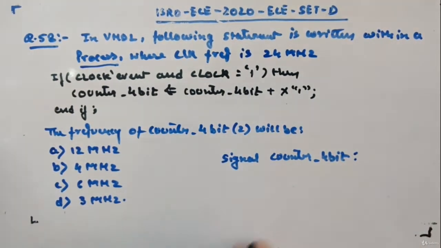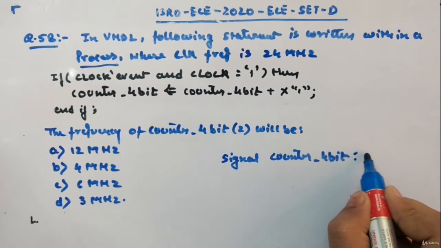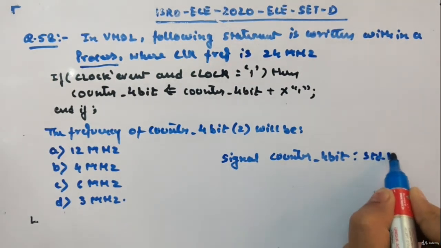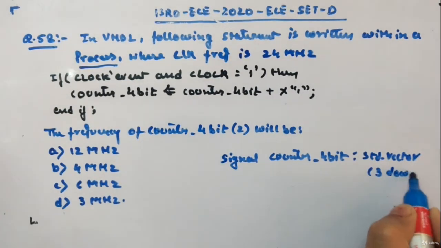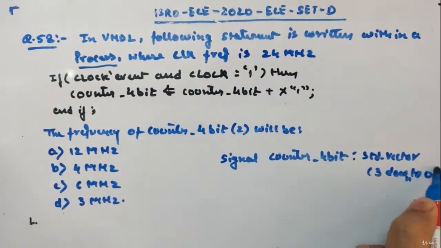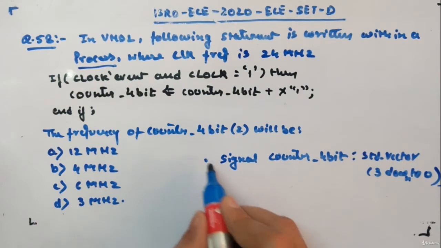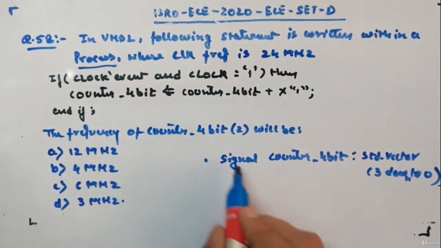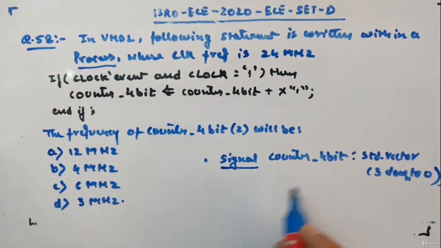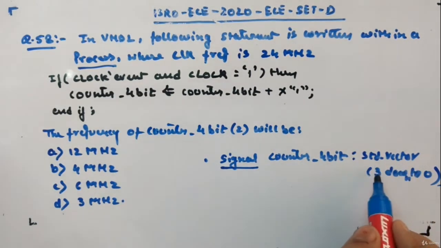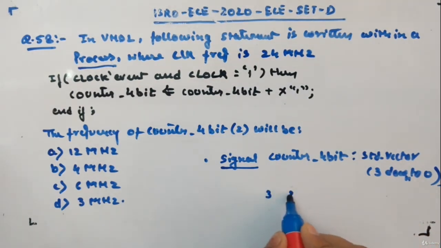And this is how it is defined: std_logic_vector(3 downto 0). That's how we define a signal in VHDL. So signal tells you that this is a signal, and it's of type std_logic_vector, a vector whose length is 3 down to 0: 3, 2, 1, 0.